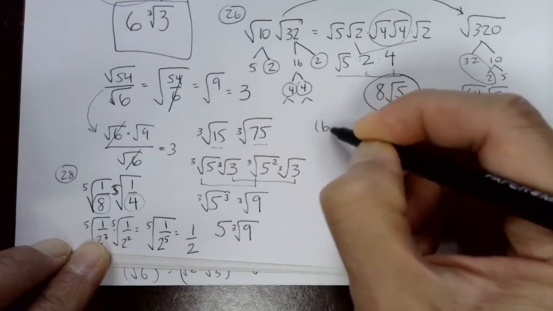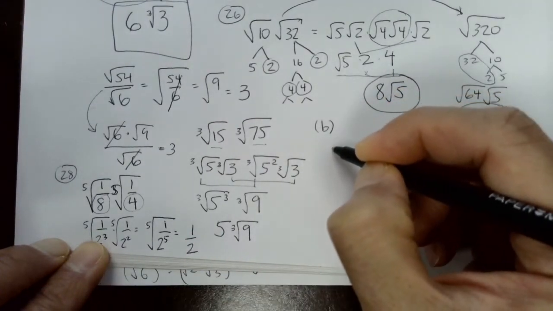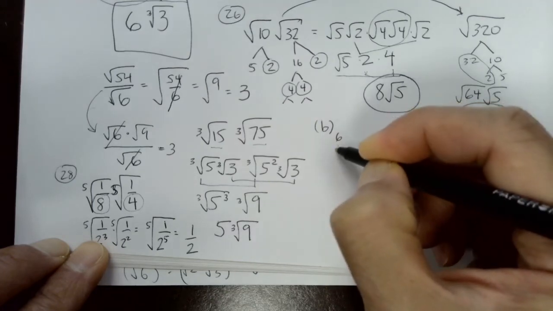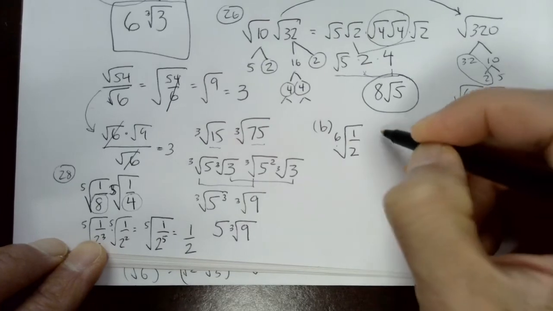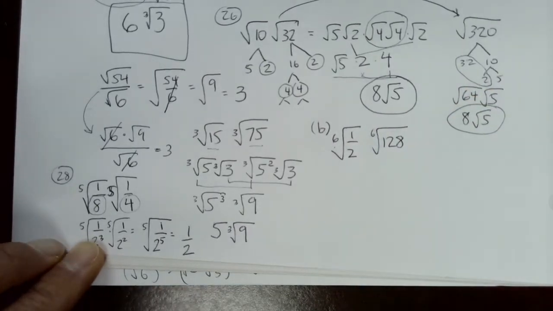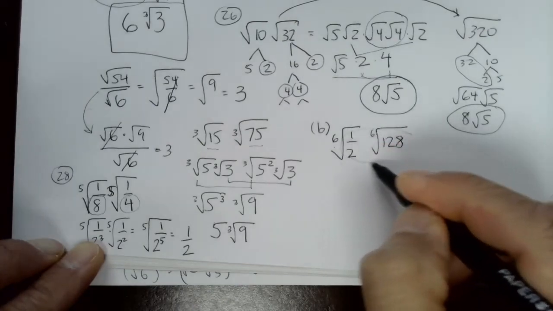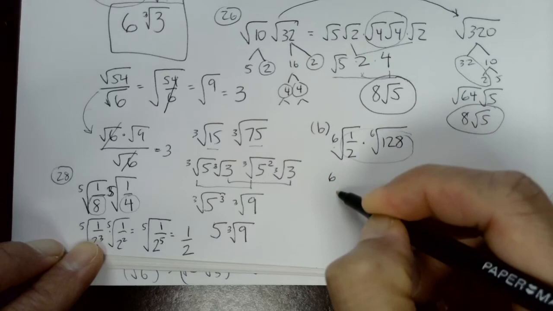So if you want to, you can continue this video or go on to the next one if you are good with this now. So I've got the 6th root of 1/2 and the 6th root of 128. And again, we can just simply combine them inside one root since we're multiplying.